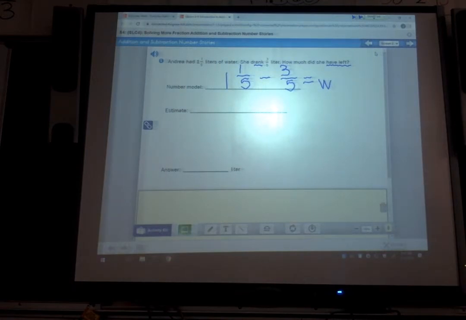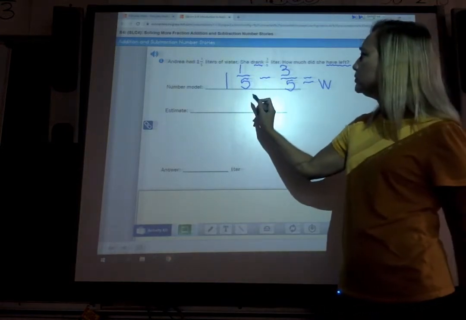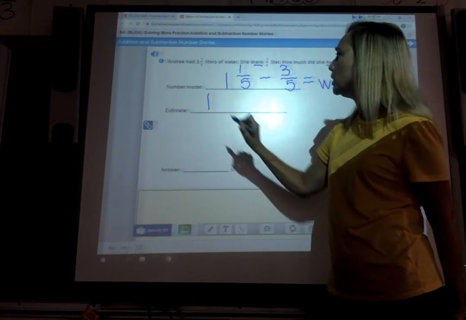All right, when we estimate with fractions, we usually round our fractions either to the whole number or to a half because those are easiest to work with. So when I look at 1 1/5, I know 1/5 is really small, so I'm just going to round this fraction to 1.